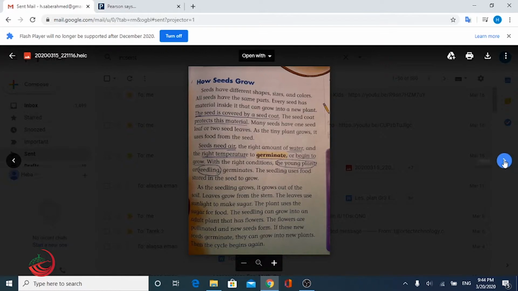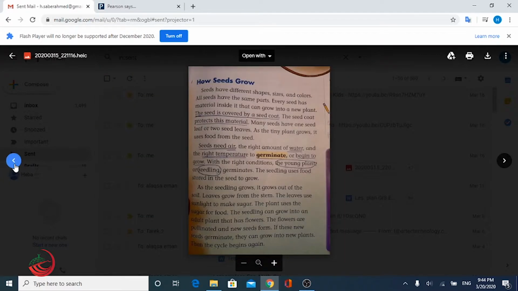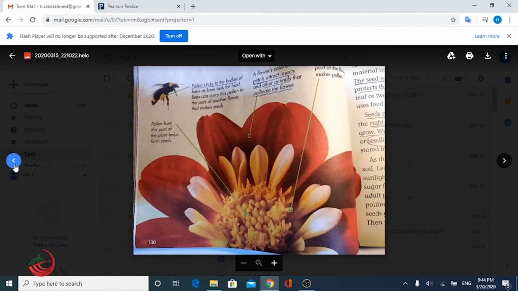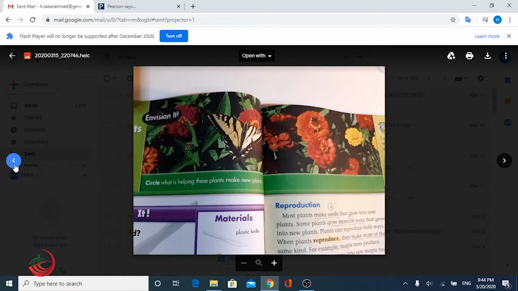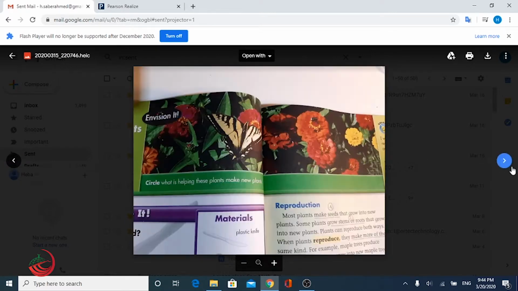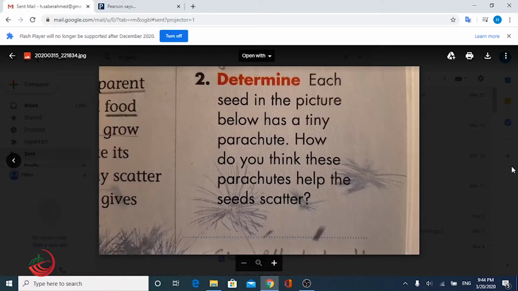The last thing we will do in this video is to answer question number 5. It's not here. Okay, I will read it. You have it just in page 131. Look at the illustration of the seed. Why do you think the seed coat is important?